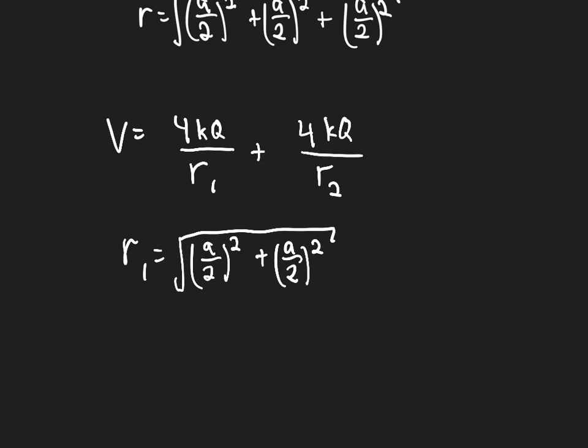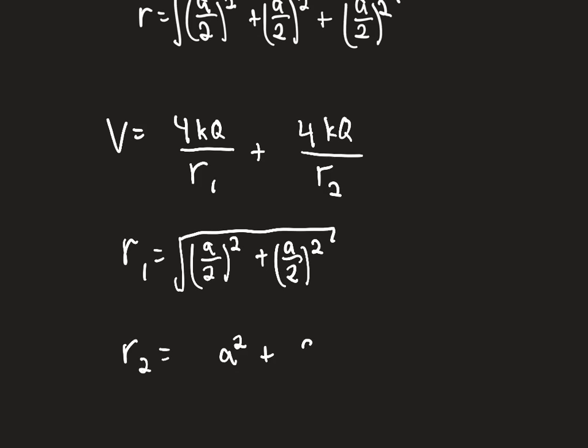Now I need to get from the back corner up to here. I'm going to get the hypotenuse of the triangle that starts here and ends here. So I need to go up, I need to go either in or down, and then I need to go over. So first, from the back to get up to the front, how far is that? A. So R2 is going to be the square root of A squared, and then how far from the corner to the middle?